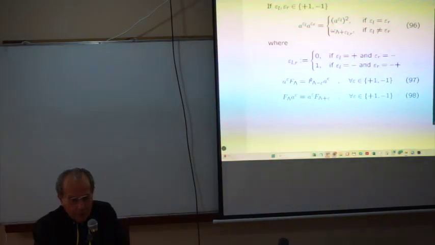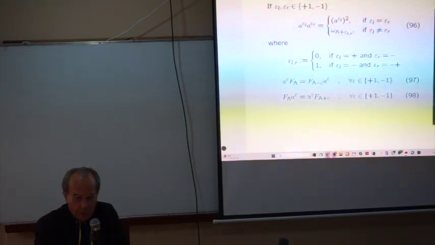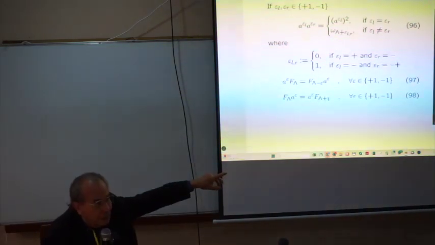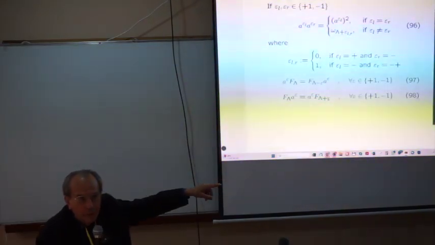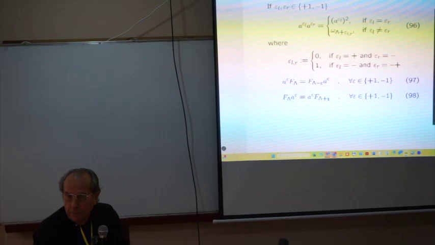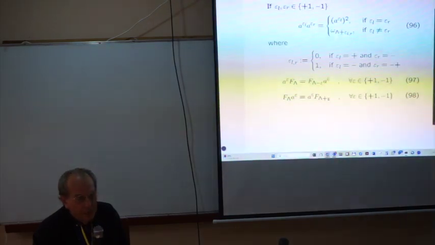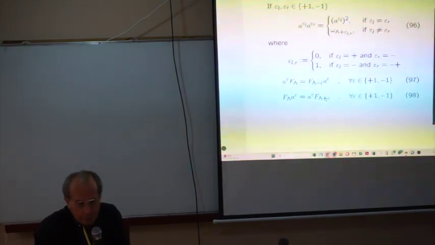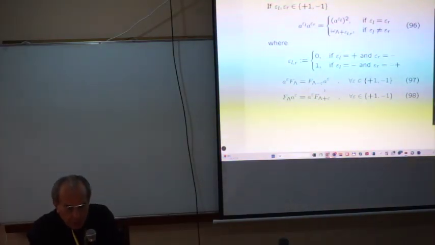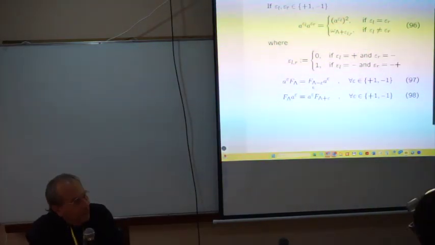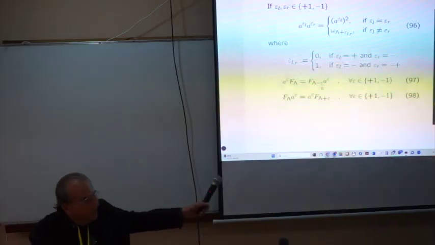Taking the adjoint, you obtain this. Supposing this formula true, I suggest that you prove it as an exercise. Using the definition of f of lambda, it should be very easy for you to prove. But this formula is very important because it's the first example of non-commutativity. Because you see, here it's not f of lambda, it's f of lambda minus epsilon.